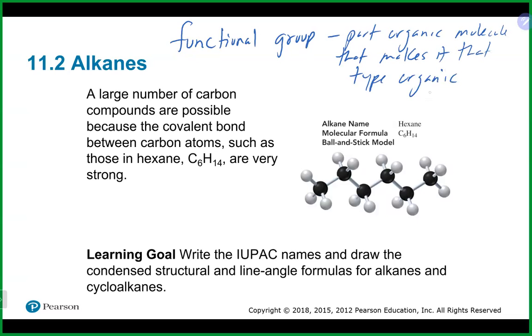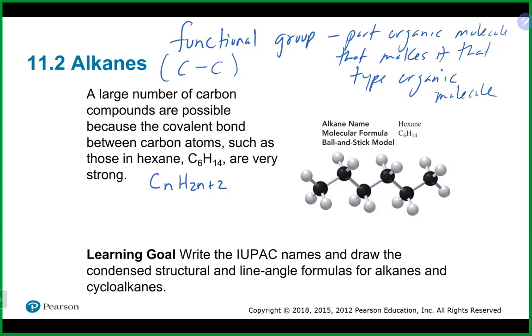For alkanes, although some people may not call it a functional group, it is the carbon-carbon single bond. If you have only carbon-carbon single bonds, those are alkanes, and the general formula is CnH2n+2, which tells how many hydrogens go with the carbons.